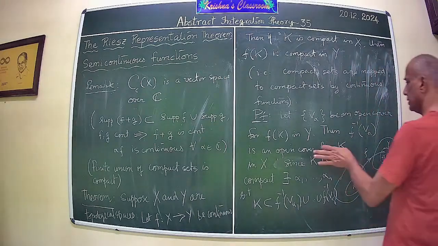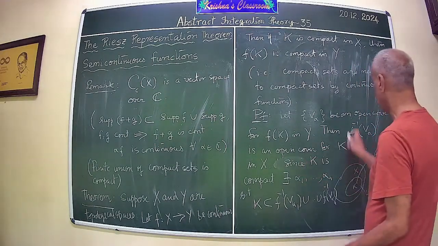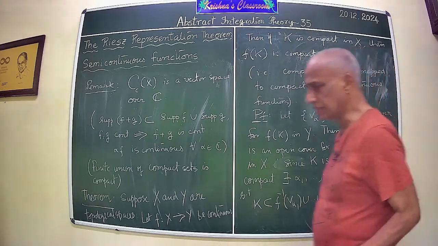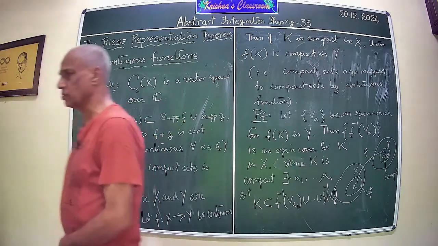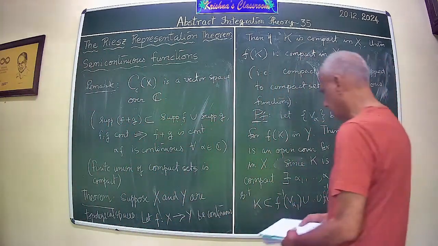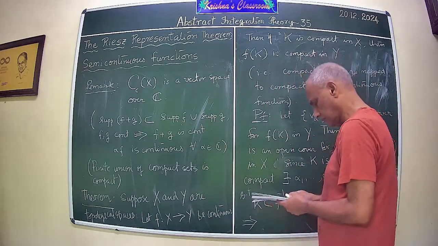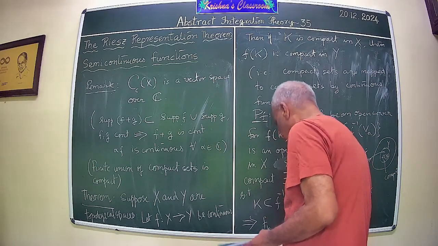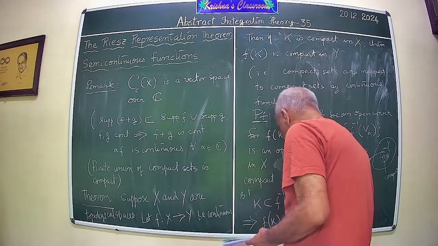That means this collection of open sets is an open cover for K. Since K is compact, there is a finite subcover, and this in turn implies f(K) is contained in the corresponding union of the B alpha.